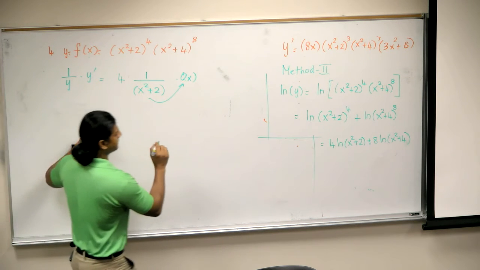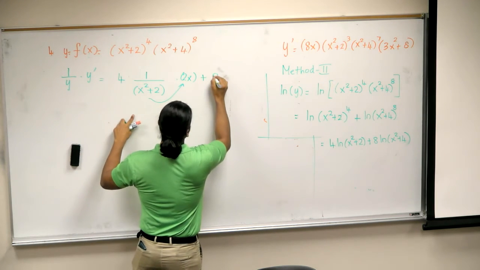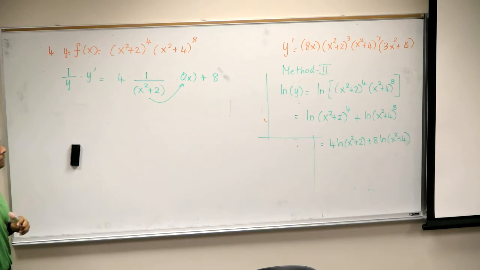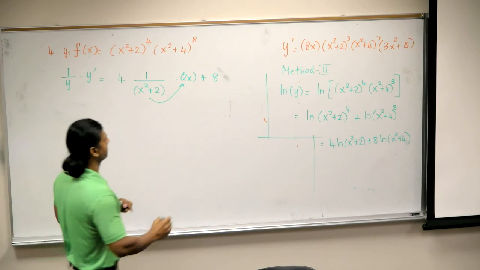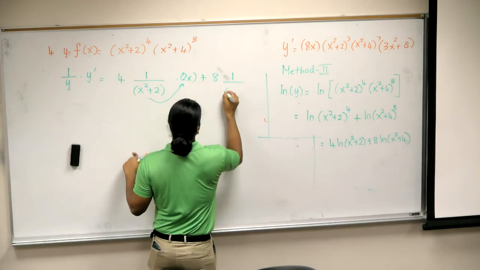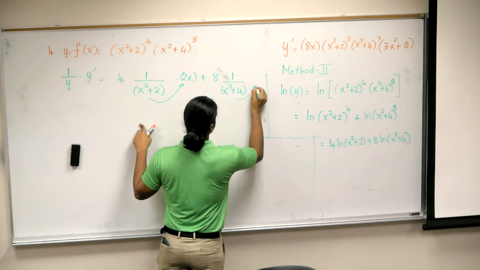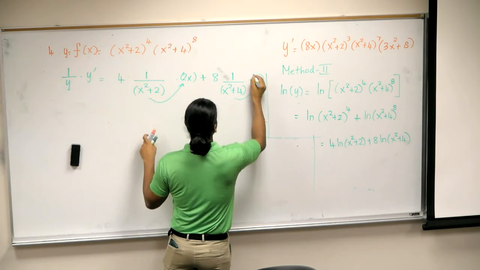What is the derivative of ln of x squared plus 4? 8 times 1 over x squared plus 4. Are we done? No. Multiply by 2x.